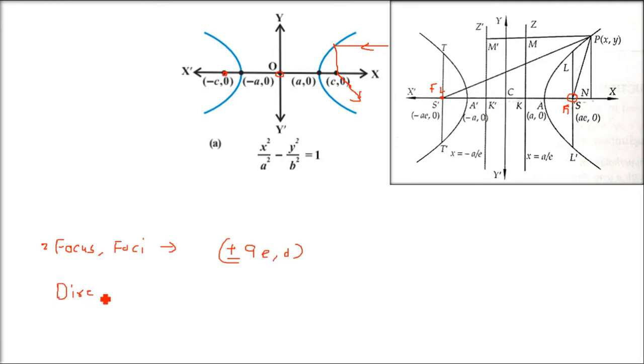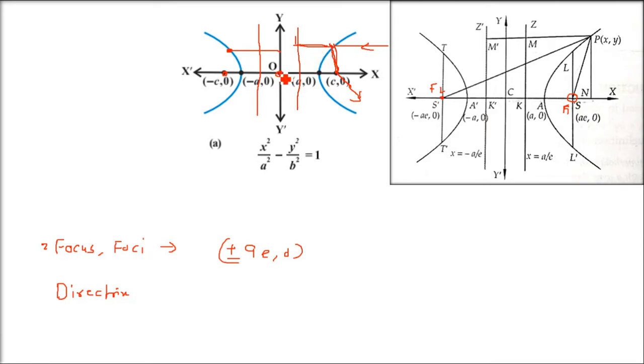Now coming to the directrix. If you remember, for any point you take, the ratio of the distance of this point from the focus to its distance from the directrix is going to be the eccentricity.